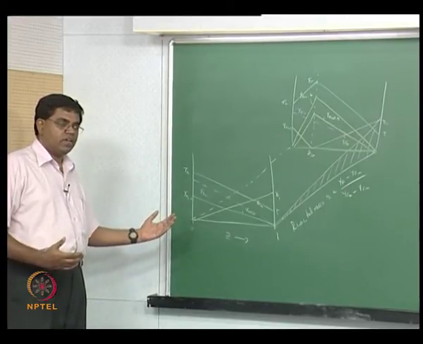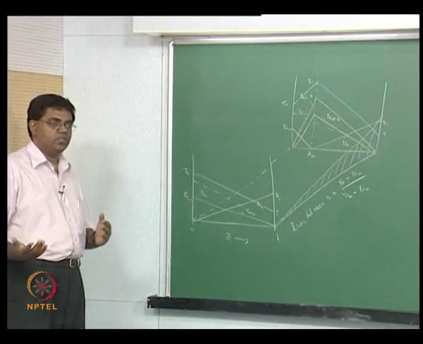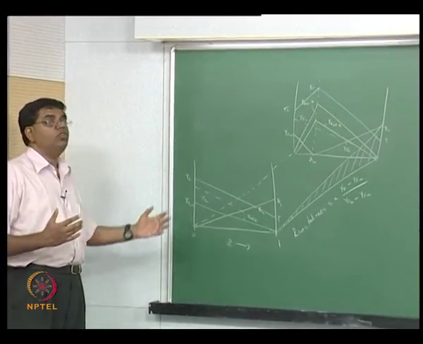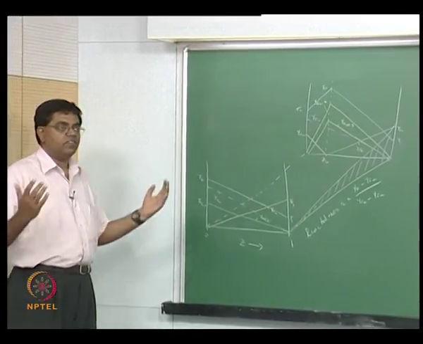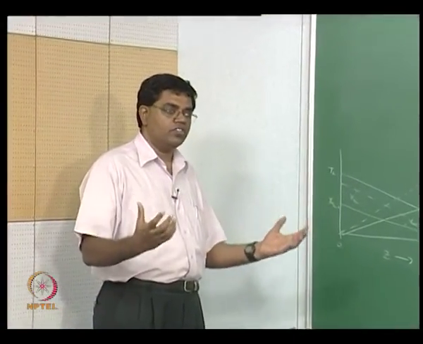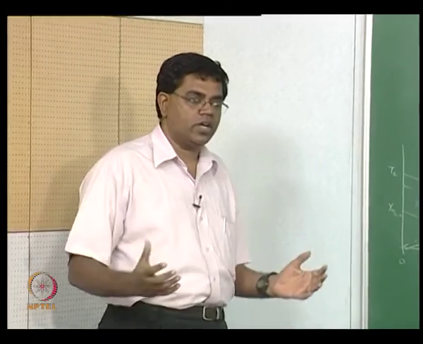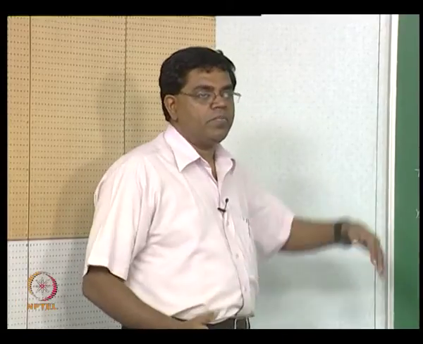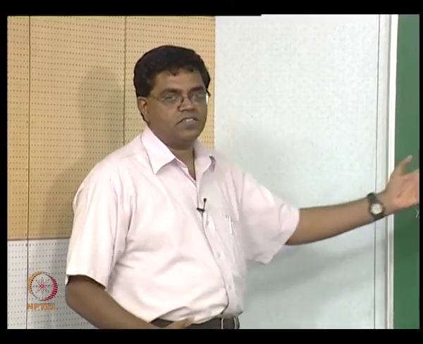So the question basically now is how do we transform this, or how do you utilize this in the physical space system? That's what we are worried about. For example, if somebody is giving you a burner and asking you to find out how the flame is going to look and how the species concentrations and the temperatures are going to vary, you can't give them a picture back like this, which is in the mixture fraction space.